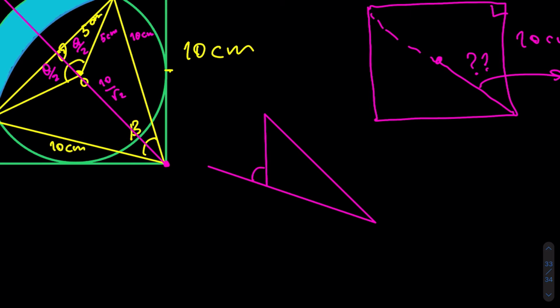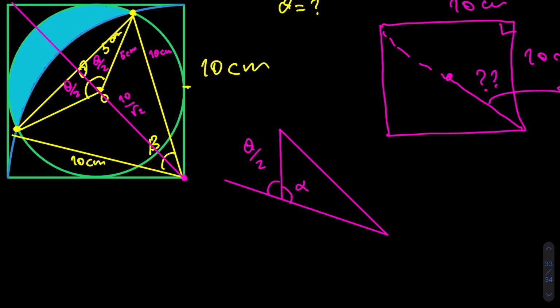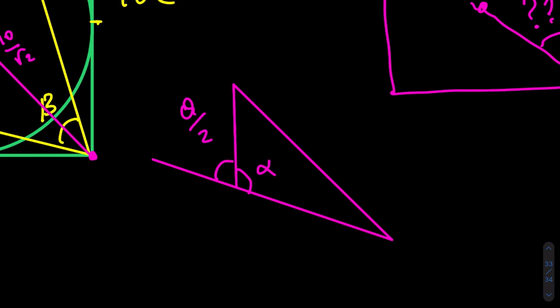Here is a half of theta, and here is another angle, for which I can use the law of cosine. I can apply the law of cosine to find this angle, and let's call this one alpha, okay? And as you can see, the sum of these two angles gives me pi, right? That means let's name this half of theta angle as pi minus alpha, okay?